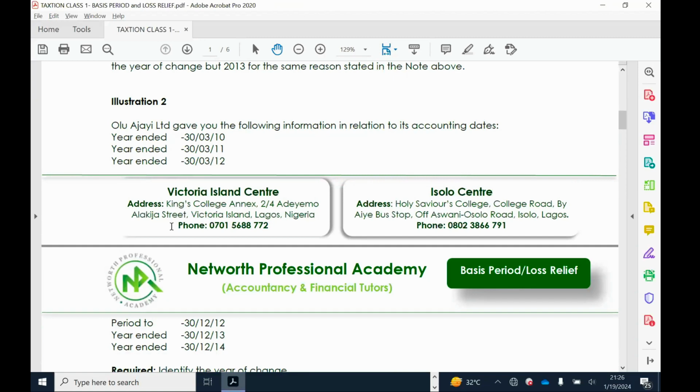All right. So here now it's 2013. Look at it critically. Yes, it's 2013, because we have March, and then the first change is from March to December 2012, same 2012.